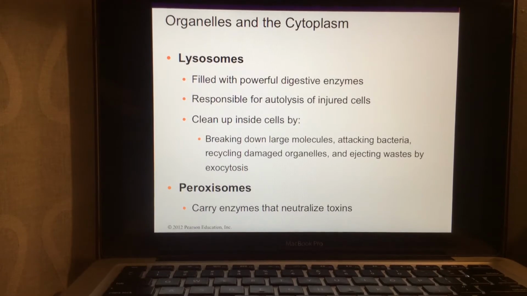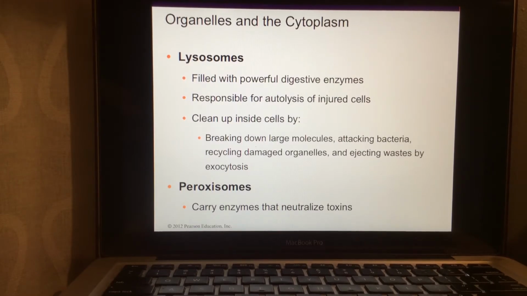So we talked about the lysosomes being filled with these powerful digestive enzymes. They're small spherical bodies, and in the city analogy, we are talking about them being the disposal service.